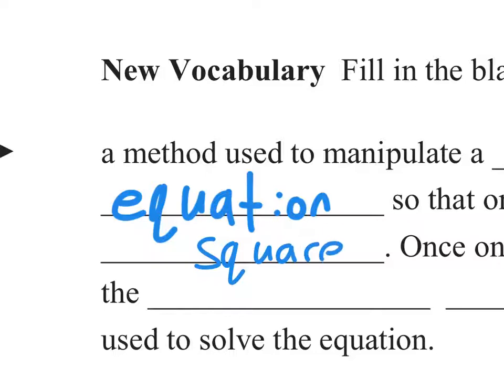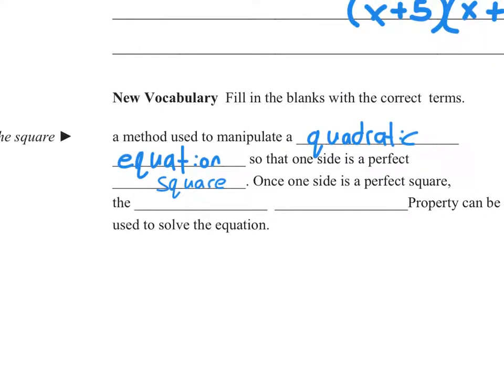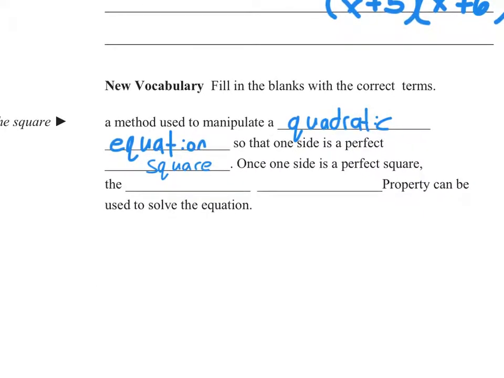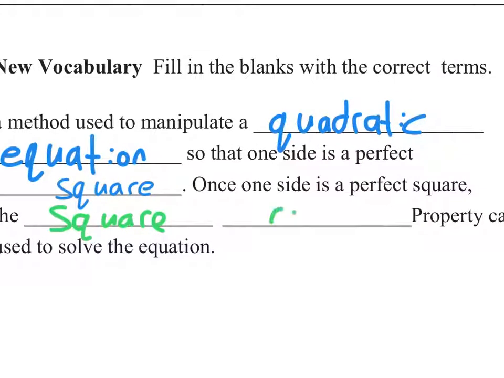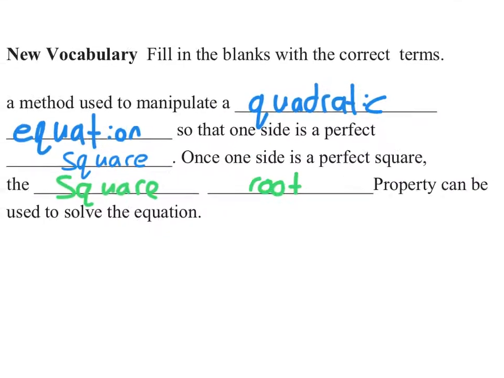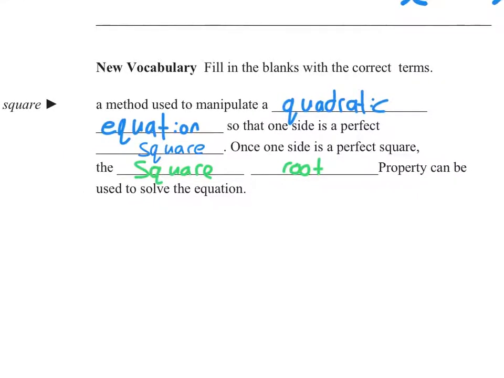And that's why it's called completing the square, because we're going to need to make one side a perfect square. All right? And then once one side is a perfect square, then we're going to be able to use the old square root property to solve the equation. Now, there is quite a process to this, but we're going to practice it several times, and once you get good at it, it's not so bad.